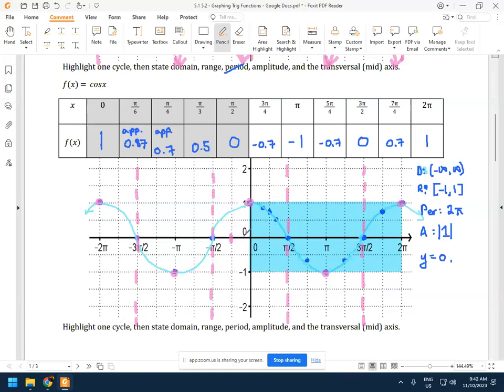But right at pi over 4, 3 pi over 4, 5 pi over 4, 7 pi over 4, and so on, you have 0.7. 1 divided by 0.7 gives you about 1.4. 1 and 1.4.